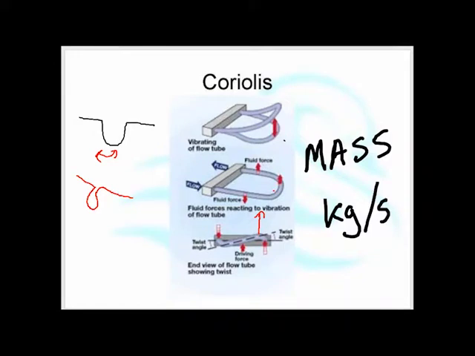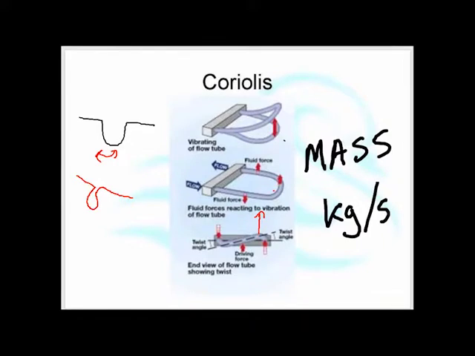The thing about the Coriolis flow meter is it doesn't care what the flow is doing. It doesn't care if the flow is swirling, if the flow is going up and down. All that the Coriolis flow meter will give you is the mass, in kilograms.